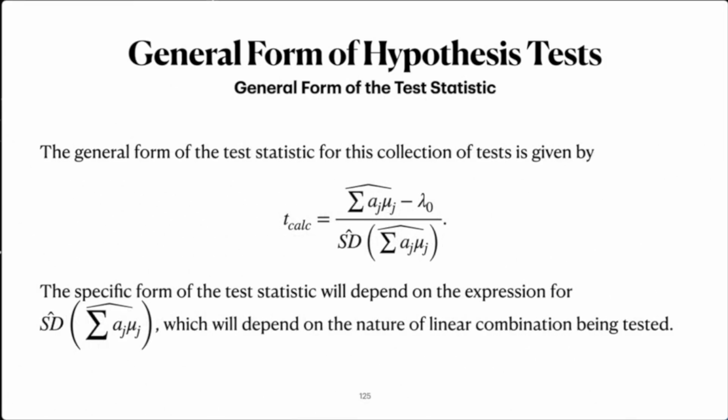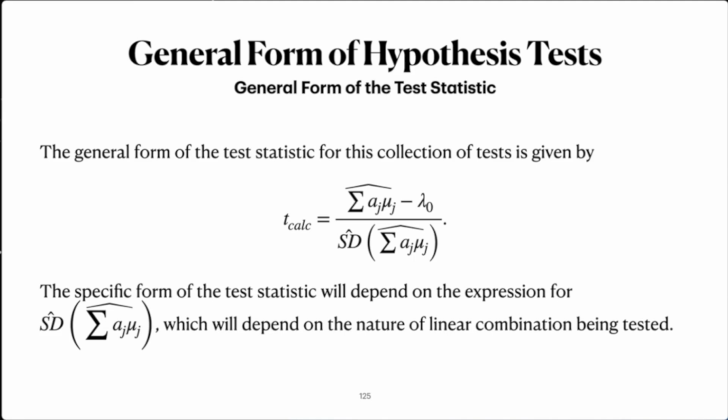The general form of the test statistic for this collection of tests can be expressed in terms of a t-statistic, so we'll call it t-calc, which has the standard form of a t-statistic, a ratio, the numerator being the difference between the estimated value of the linear combination minus the hypothesized value of the linear combination.